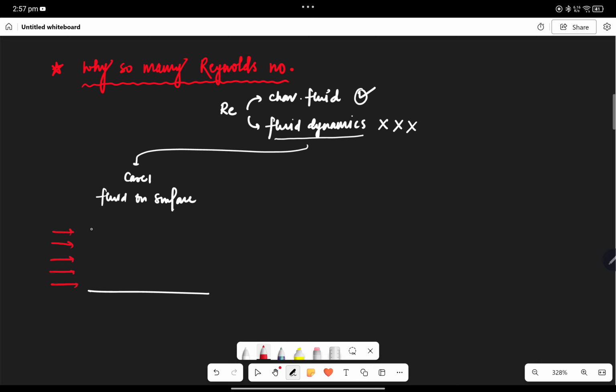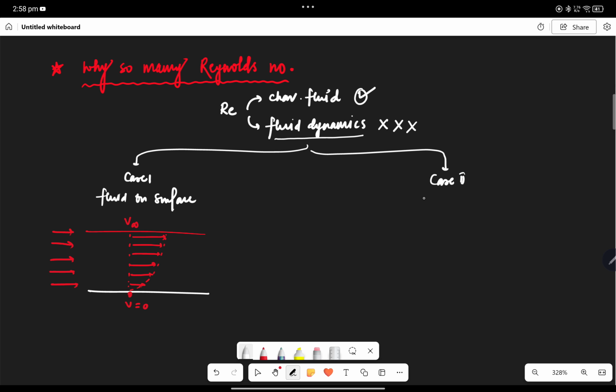Now as it enters the surface, it is going to get friction from the surface, and the boundary layer is going to be like this, because at this point you can visualize that the velocity is going to be 0. Why? Because the fluid is in direct contact with the surface, and if fluid is in direct contact with the surface, the relative velocity is going to be 0. And at the highest point, it has the highest value, meaning the free stream velocity, right? So the boundary layer profile is going to be like this, right? Easy.